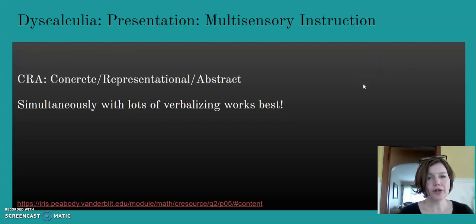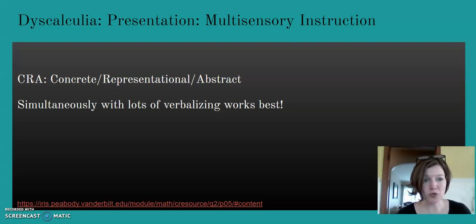And another part of the presentation that I wanted to make note of is in the IRIS presentation, it was noted by the author or the writer of that module. I went through a module by IRIS about teaching struggling students math.